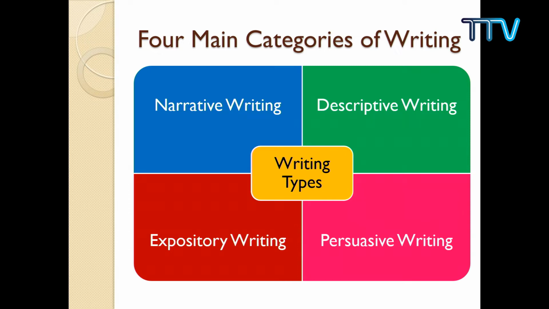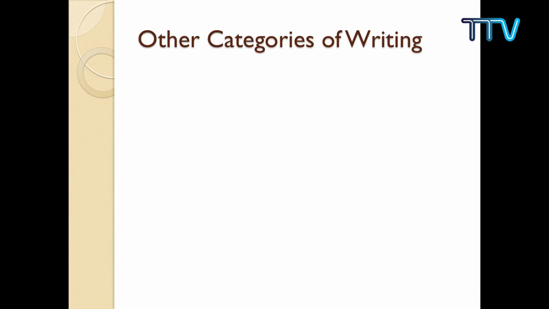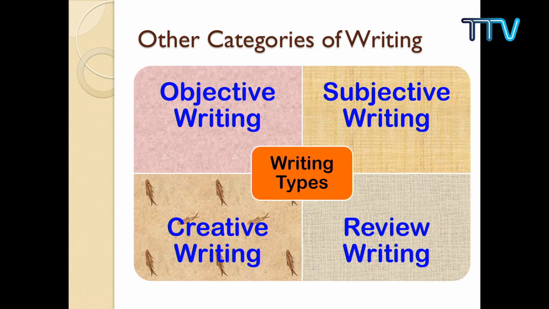So we categorize writing types into four broad types: narrative, descriptive, expository, persuasive. There are other categories of writing as well, like objective writing, subjective writing, creative writing, and review writing.